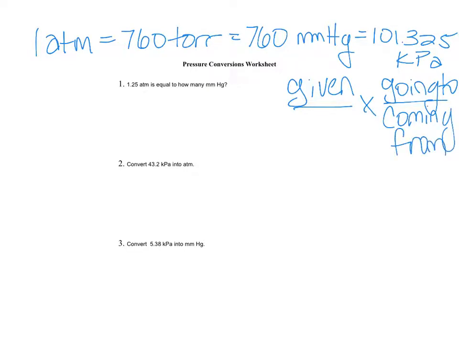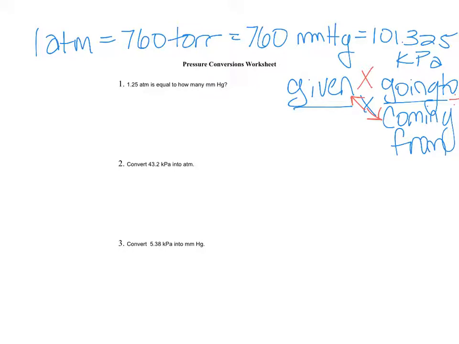So setting it up, that given and coming from, those units should always match no matter what, because they need to cancel each other out. So these units here will always match one another. Once we get this set up, we're going to multiply across the top, divide by the bottom, just like the setup suggests, and then go ahead and solve this out.